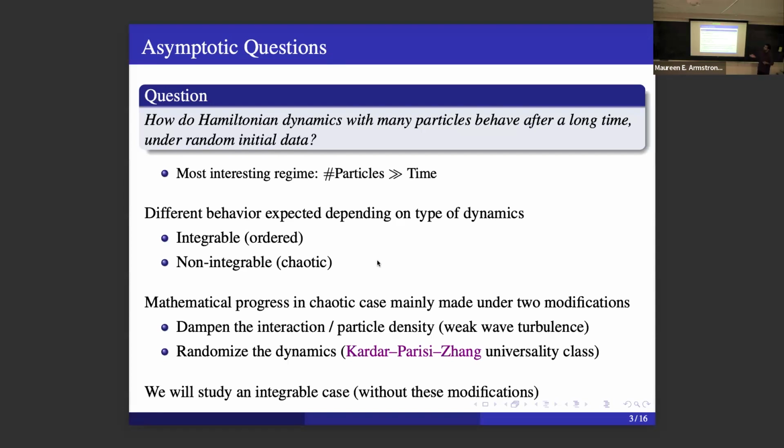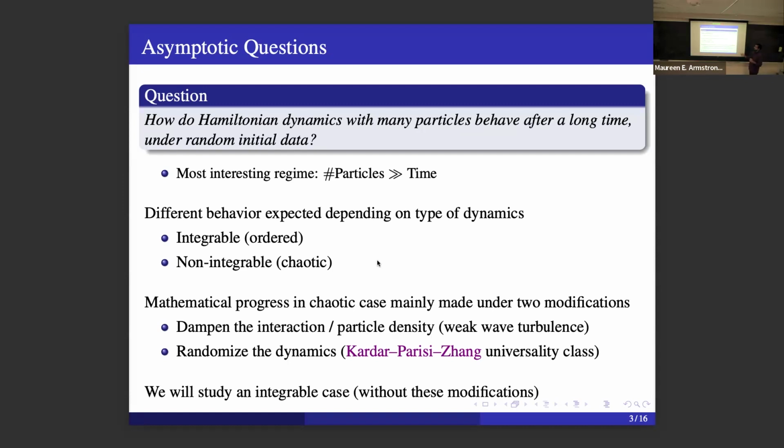Now, this is a fairly broad question, and as you can imagine, it's been of interest as long as Hamiltonian dynamics have been of interest, which is over a century. Mathematical progress in the chaotic case has mainly been made under two modifications, which are simplifications. One is to dampen the interaction, or have some parameter that's tuning down the interaction.